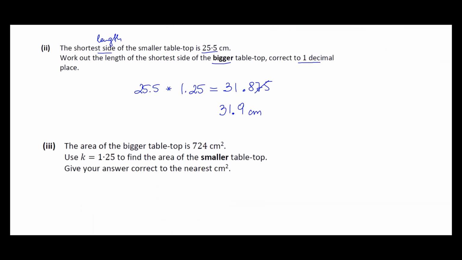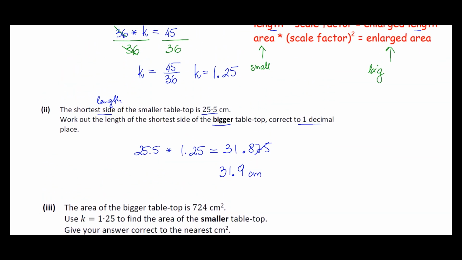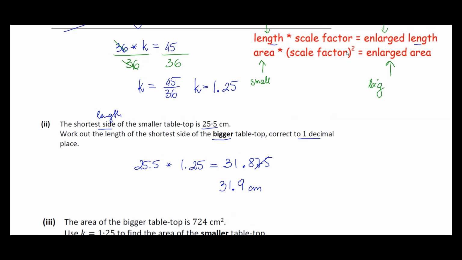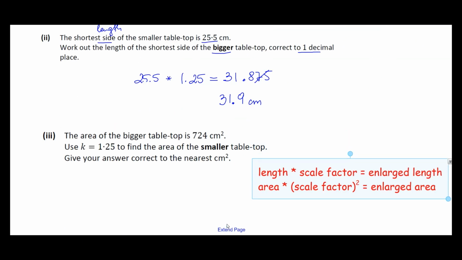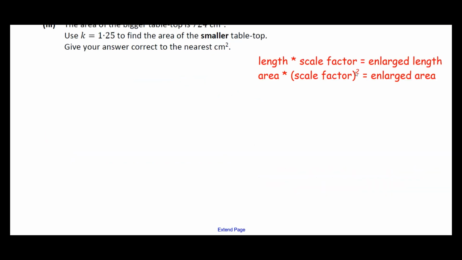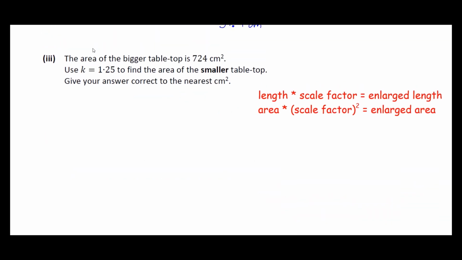Okay, and then the last part of this question, let's get our knowledge here with us. The area of the bigger table, so now we are moving to the area, is 724.